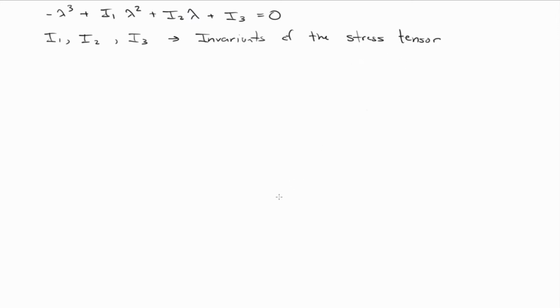And they're invariant because they're invariant to a rotation. So in other words, it doesn't matter how you rotate the stress tensor, the coefficients I1, I2, and I3 of the characteristic equation will always be the same.